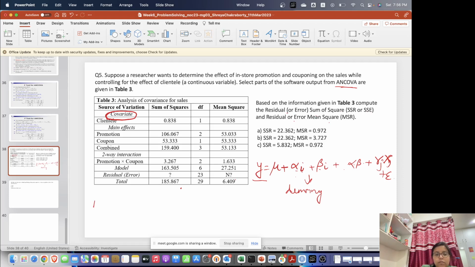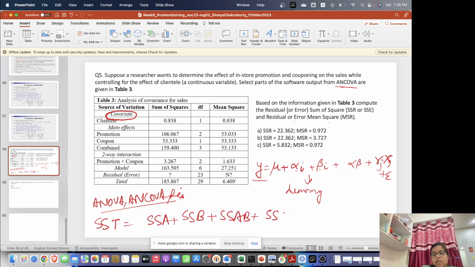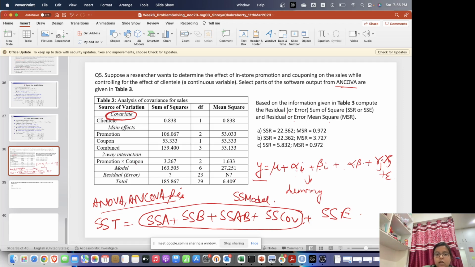As we know, in any ANOVA or ANCOVA or regression model, the total sum of squares is partitioned into, let's say here, SSA, SSB, SSAB plus SS covariate plus SSE, something like this. The entire thing is my sum of squares due to model. From here we can see that the model sum of squares is 163.505.